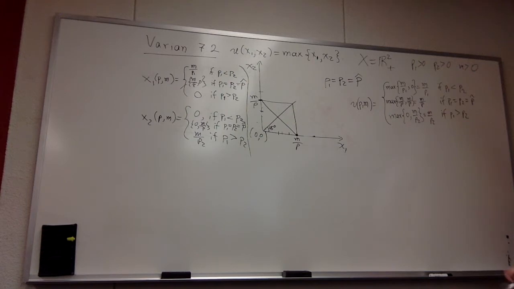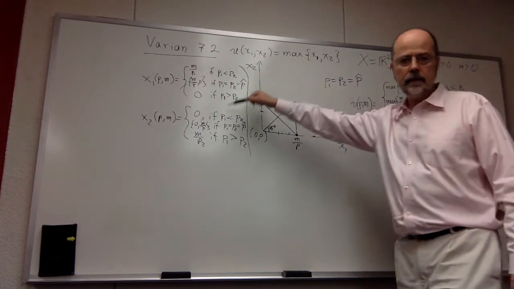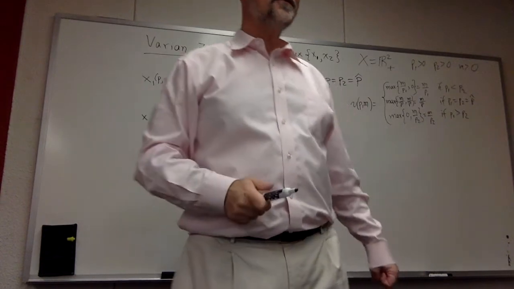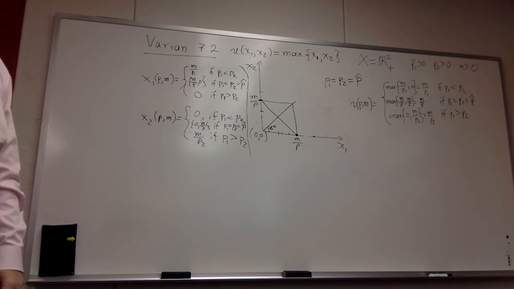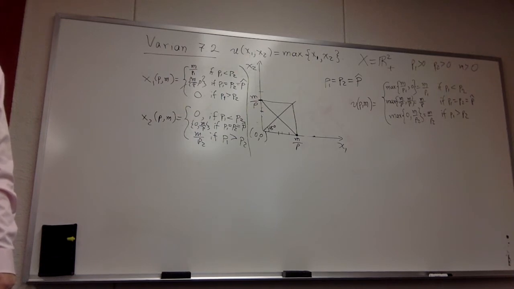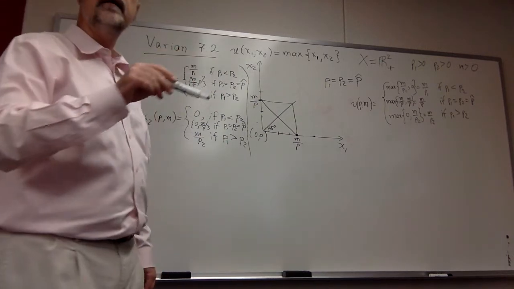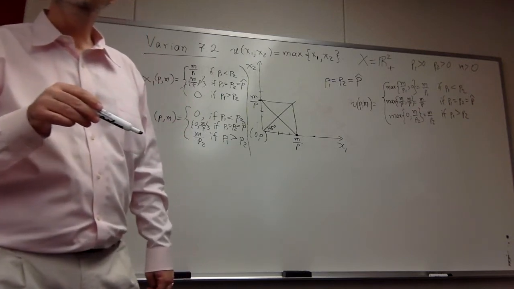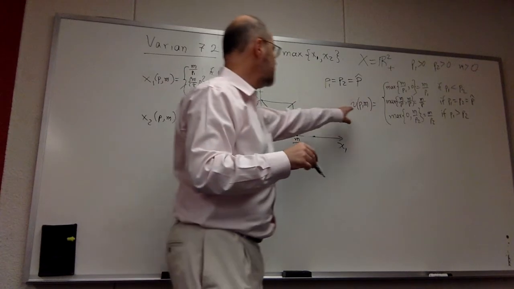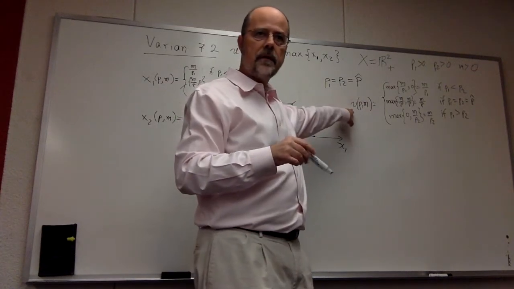Notice something neat. The demand functions were not functions, they were correspondences. But the indirect utility function is a function. Takes a unique value in all the cases. Make sense? Questions? Okay, this is the indirect utility function.